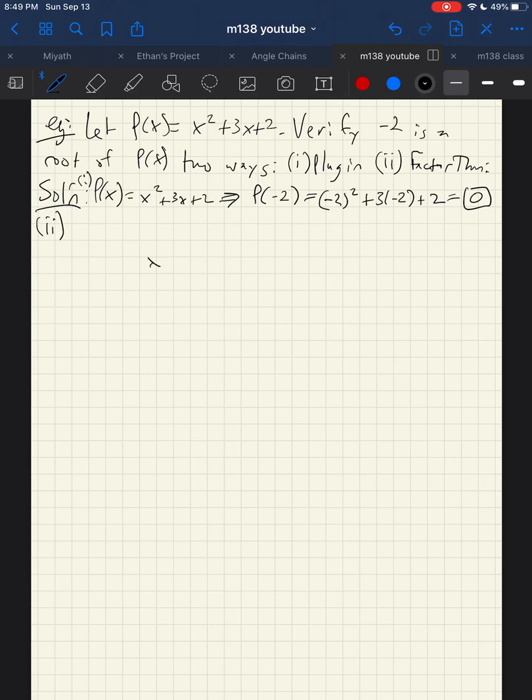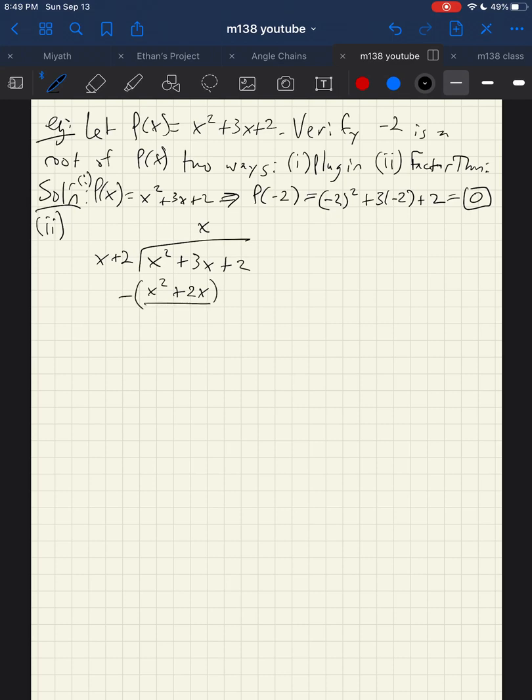So here's solution 1. Solution 2, let's use the factor theorem. So let's divide x squared plus 3x plus 2 by x minus c, or x plus 2, because we're doing x minus a -2. So how many times does x go into x squared? It goes in there x times.